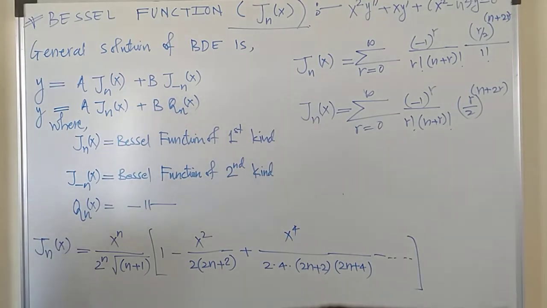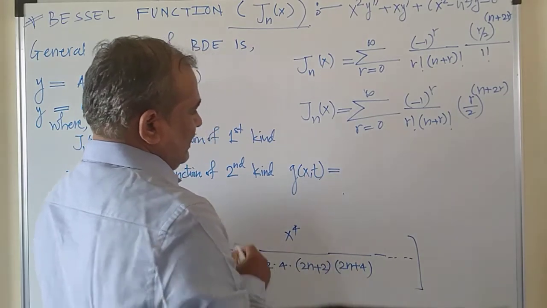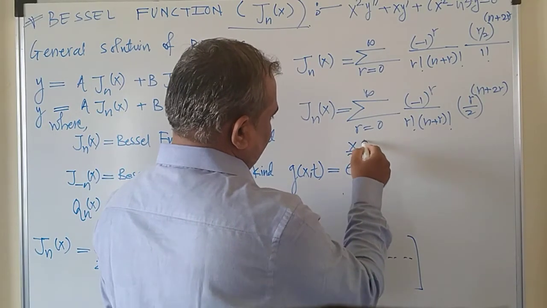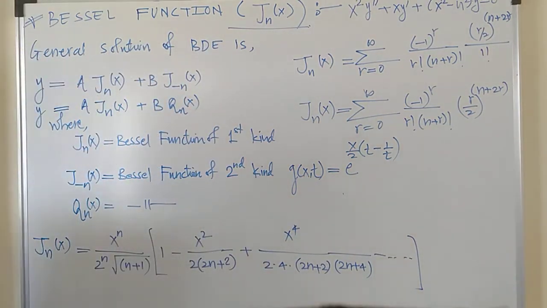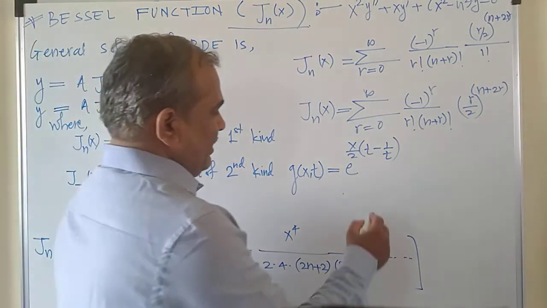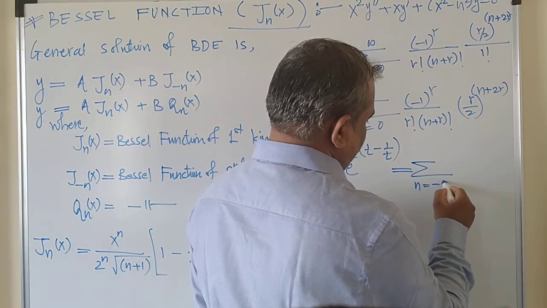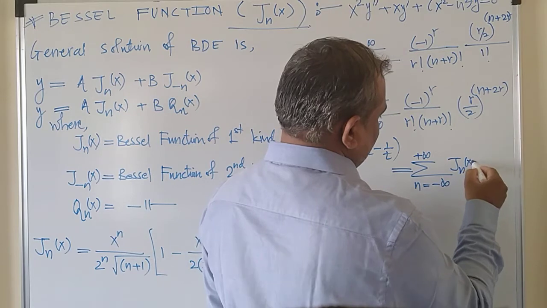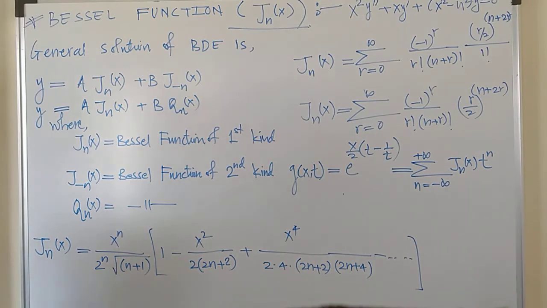It has a generating function, and the generating function g of x, t for the Bessel function is equal to e raised to power x by 2 into t minus 1 by t, equals summation n running from minus infinity to plus infinity of Jn of x into t raised to n. This is the relation for the generating function.